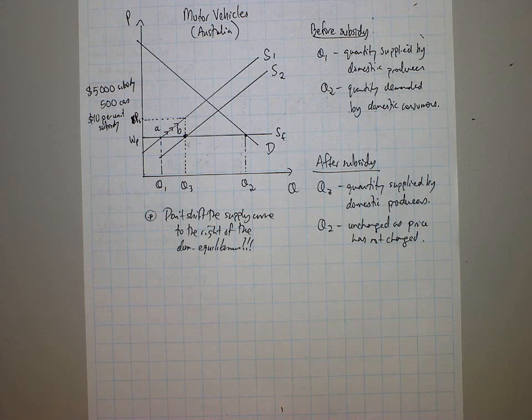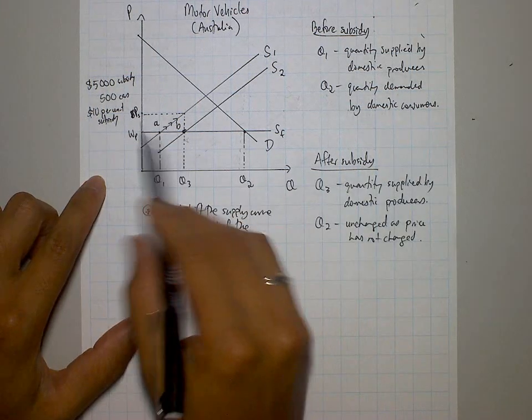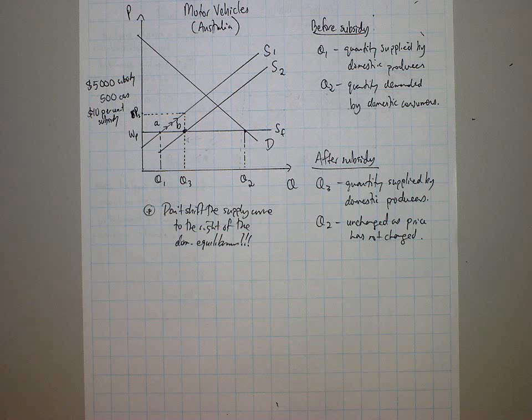Can someone tell me what the total cost of the subsidy is using the letters here? So remember how we calculated government tax for tariffs? It's quite similar when we calculate the cost of subsidies. Yeah, good.